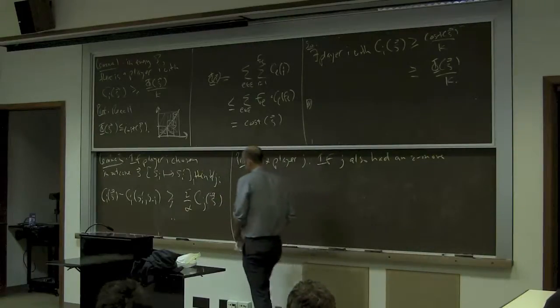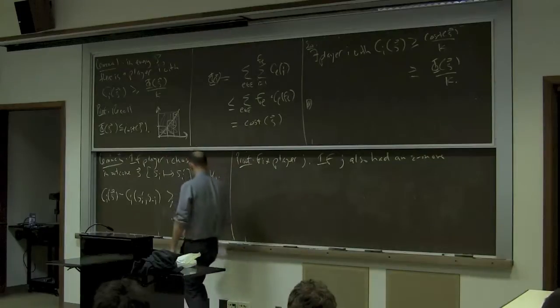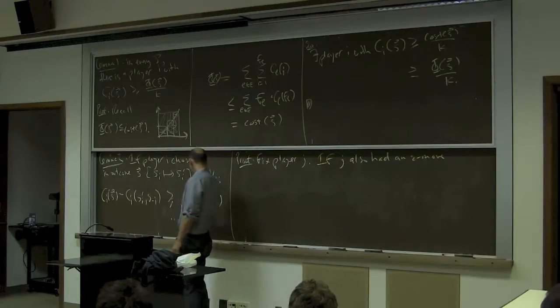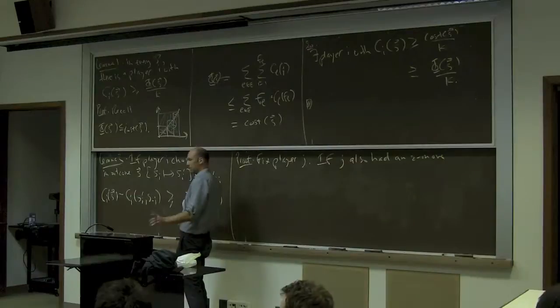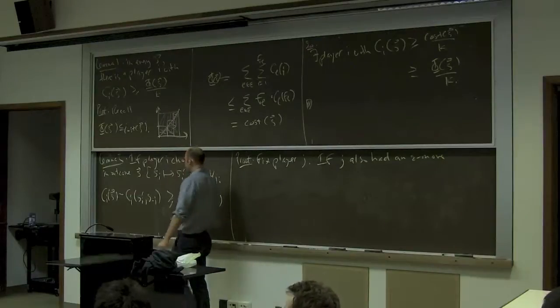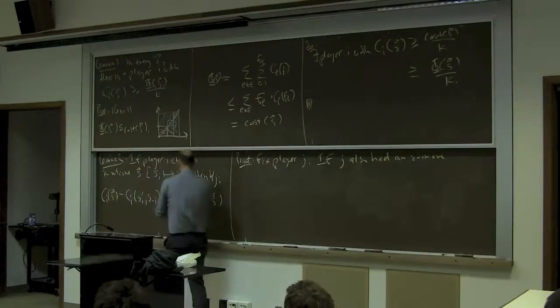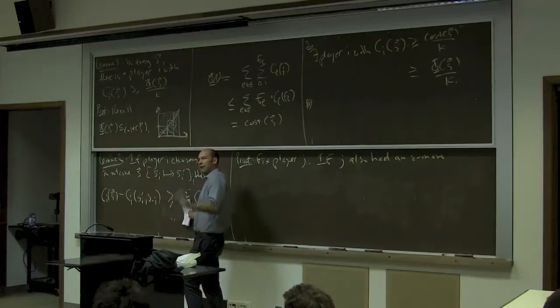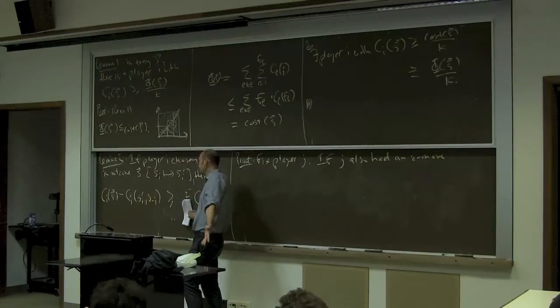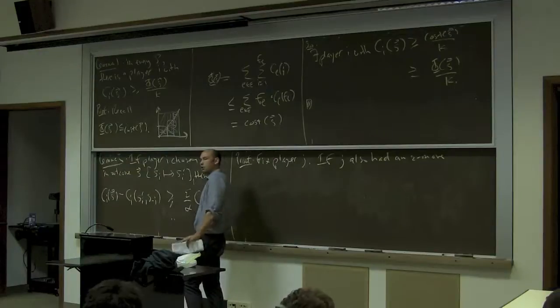So think about an epsilon move. If J has an epsilon move, then the following is true for some deviation S prime J. If I just make all these I's J's, then it has some move by which it would realize that left-hand side. That's the definition of epsilon move, if I change all the I's to J's. Because we chose I, it is realizing an even higher drop in its cost. So in particular, it's at least the drop that J would have experienced had it taken its epsilon move.